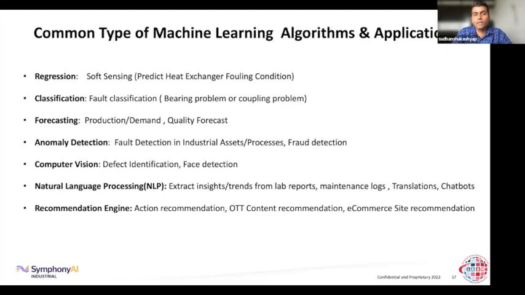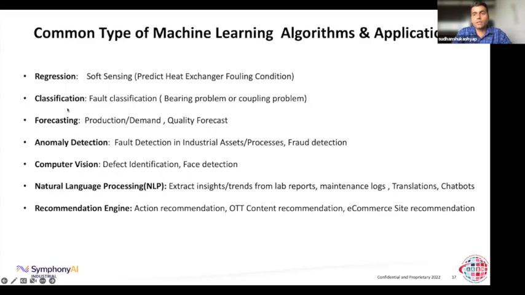For example, say we want to predict heat exchanger fouling conditions. We supply all the temperature and flow conditions of the heat exchanger, train the model on fouling behavior, and then with just those inputs it could predict the fouling condition of the exchanger. That's a kind of regression model.